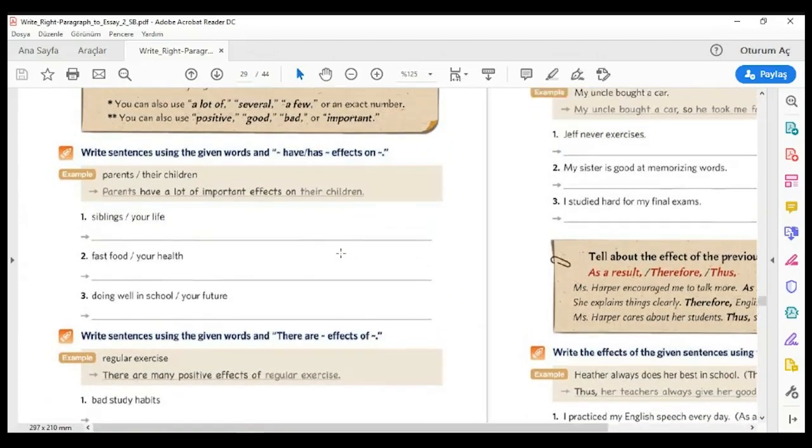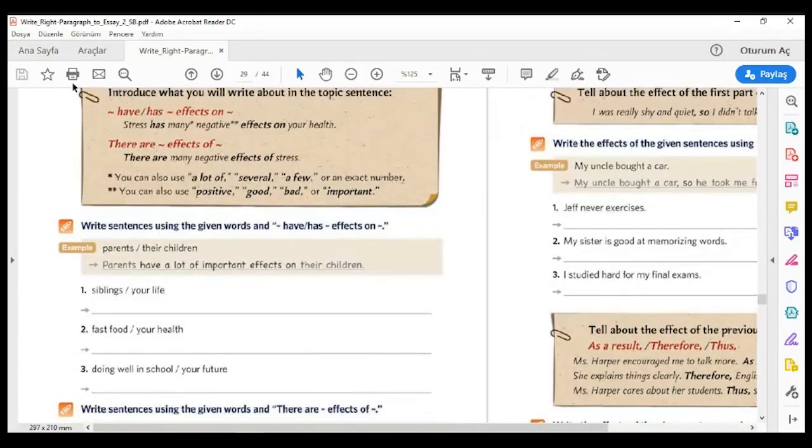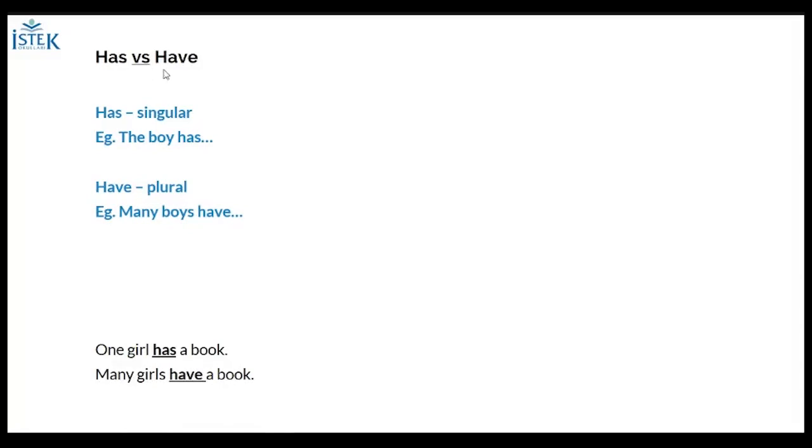I just want to explain have and has. Most of you know this already, but just to remind you. So has versus have. Has is singular, so the boy has. Have is plural, so many boys have. So one girl has a book, many girls have a book.